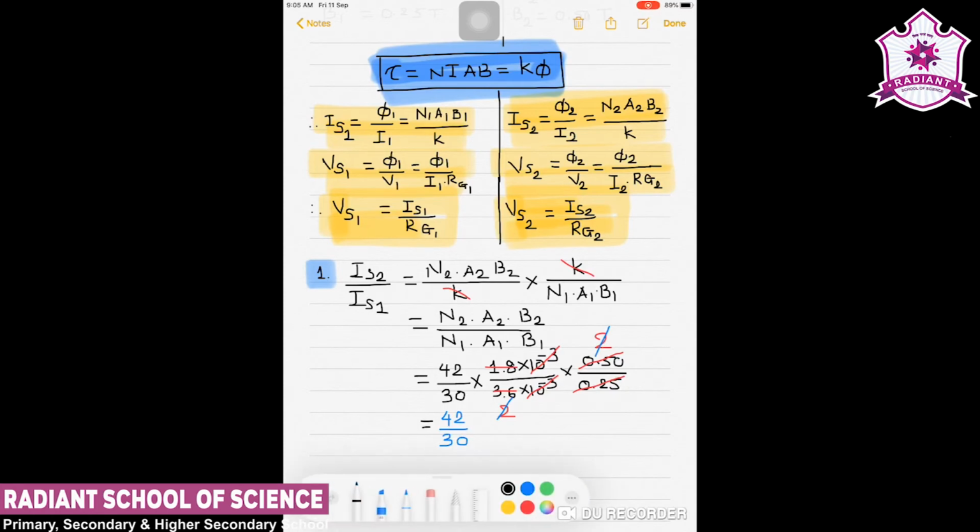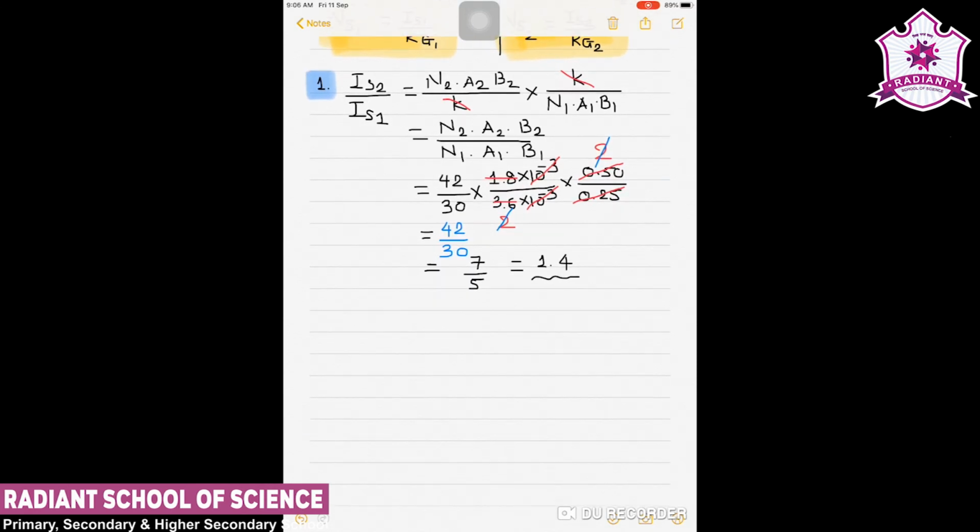When we simplify this, we get the ratio 7 by 5, that is about 1.4. So the first answer that we have obtained is IS2 upon IS1 equals 1.4.